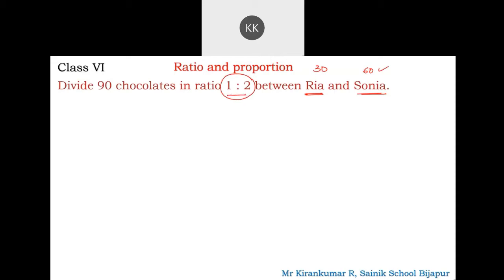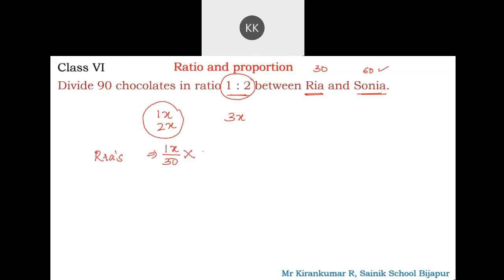Whenever they give the ratio, we consider the number of chocolates in terms of x. 1x and 2x are the number of chocolates. Total, how many chocolates are there? 3x chocolates. So 1x by 3x into 90 is Ria's share.